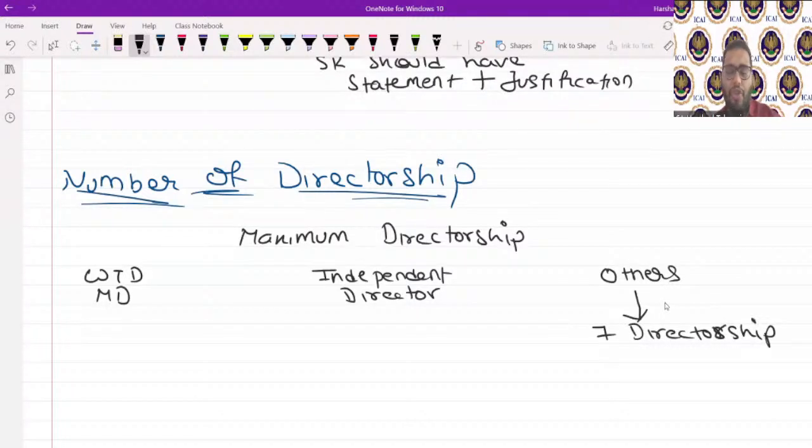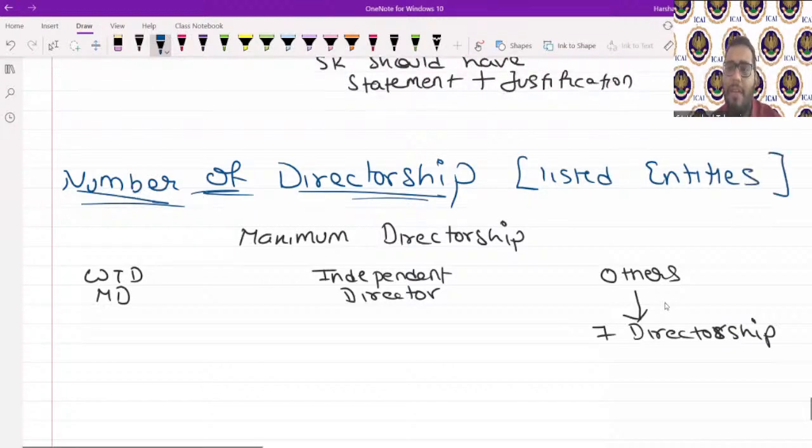So a director should not be a director in more than 7 listed entities. I'm talking about listed entities over here because we are discussing LODR, and LODR is only applicable to listed entities, as we saw at the start of the lecture.